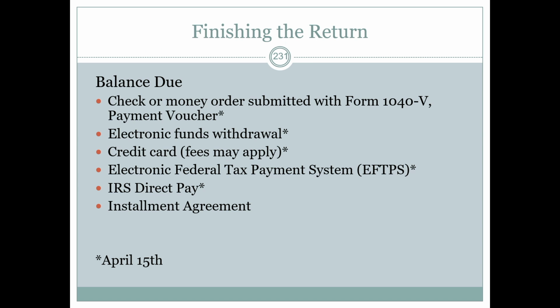Also, an option for the balance due is the electronic funds withdrawal. Within our TaxSlayer system, it will allow us to put the tax client's bank routing and account information should they desire, and the IRS would withdraw the funds out of that account.